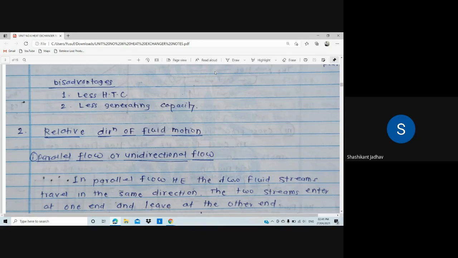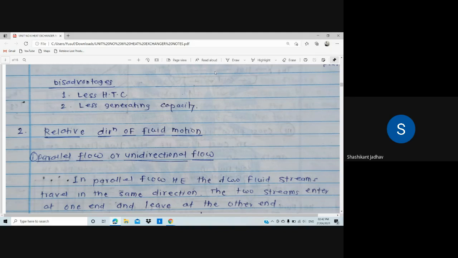So in that, first type is parallel flow or unidirectional flow. Relative direction of fluid motion त्याच्यावर कुठला पहिला टाइप असणार आहे, फर्स्ट टाइप इज पॅरलल फ्लो हीट एक्सचेंजर किंवा पॅरलल फ्लो काय म्हटलं जाते, युनिडायरेक्शनल फ्लो हीट एक्सचेंजर.